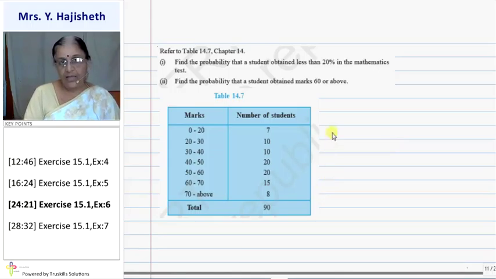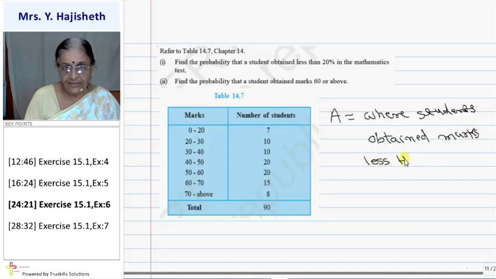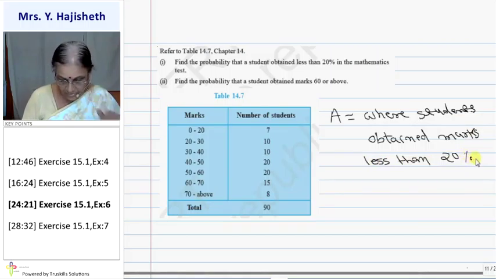So I call A, let A be an event where students obtain marks less than 20% in maths.